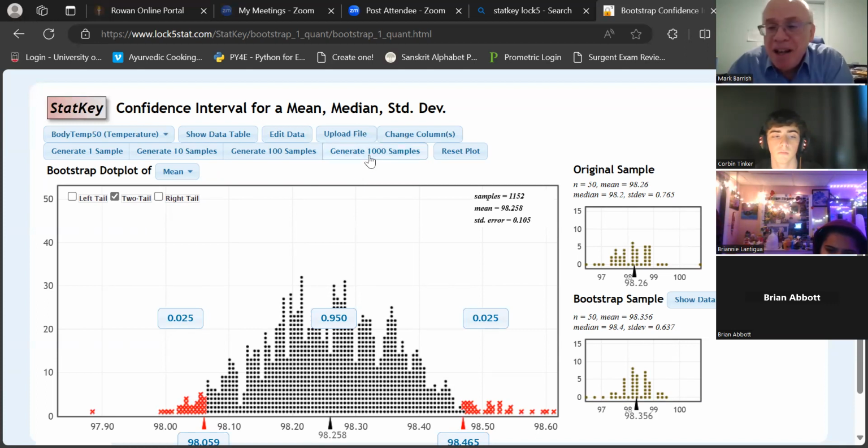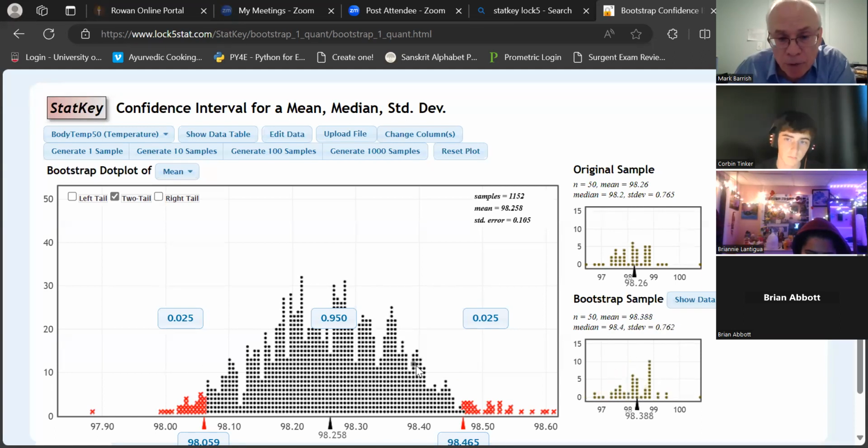Now, what StatKey has done here, it defaults to a 95% confidence interval. And what it means is that 95% of these dots, there's 1,152 of these dots here, right? So 95% of them, whatever that number is, a number of black dots, are the ones that are inside the interval. And what's outside the interval are all the dots that are outside of the 95%. So it's the middle 95%, and then we have 2.5%, which are these red X's to the right, and another 2.5% of the dots are to the left.